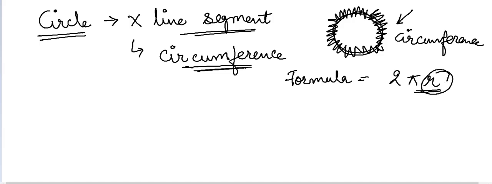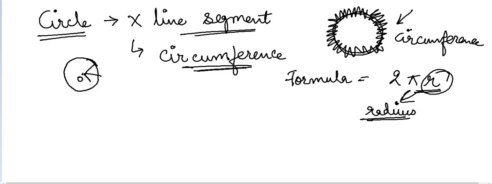What is this r? R here denotes the radius. As we talked earlier, let it be a circle. Circle is always having an equal distance from this point, and this equal distance from the center is known as its radius.